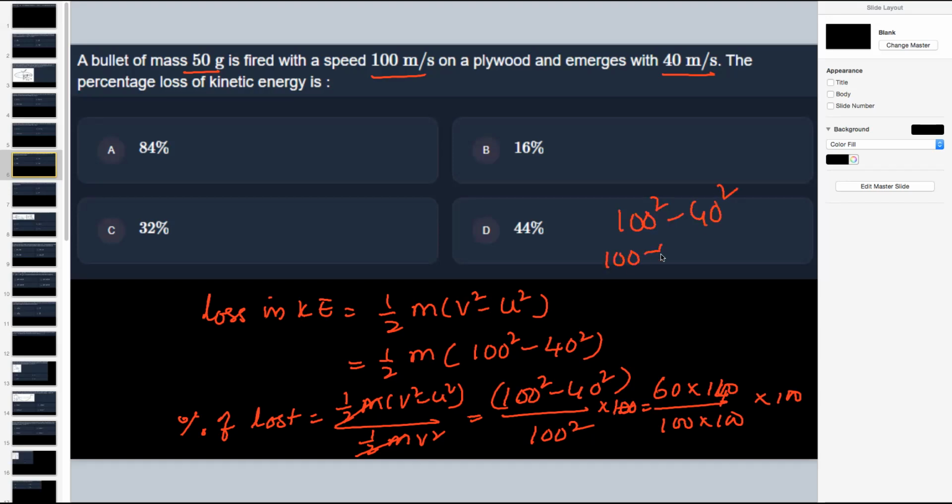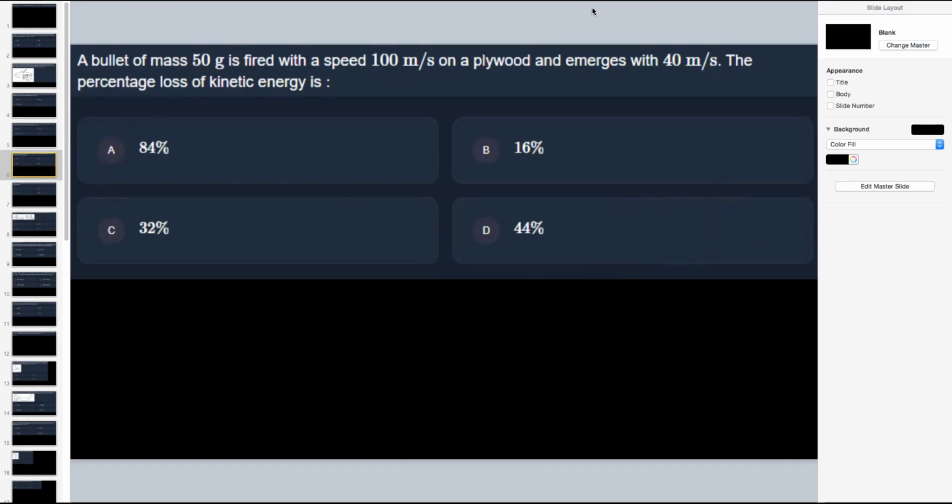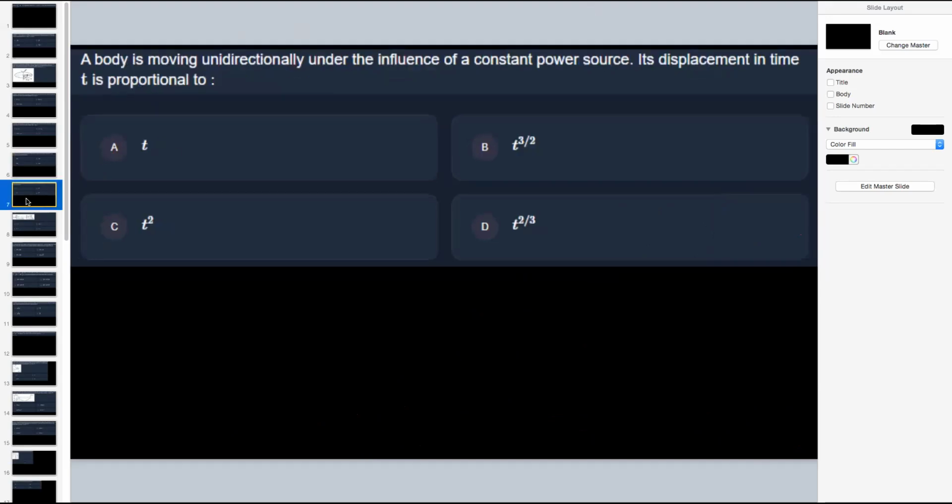This is 100 minus 40 into 100 plus 40, that is 60 into 140. Now see this, this 100 and this 100 get cancelled. 0, 0, 0, 0 get cancelled. 6 into 14, how much? 84% is your answer. Okay. Now we go for the next one.